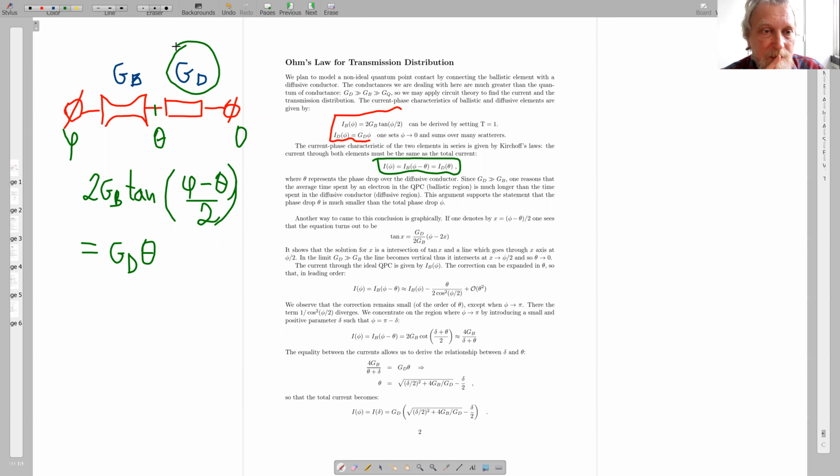And what does this mean? Let's use analogy with voltages. It would imply that theta is almost zero.